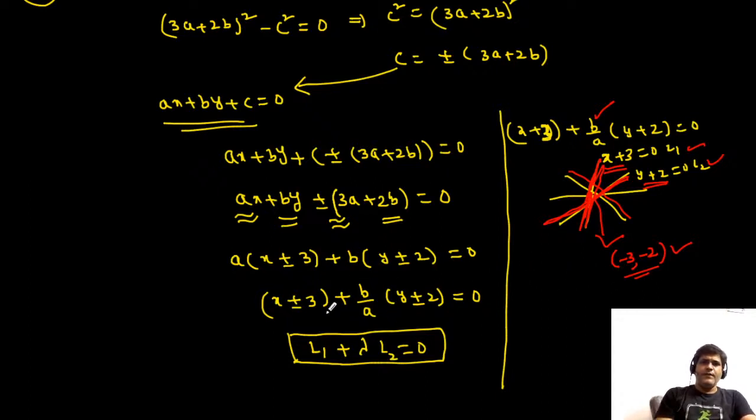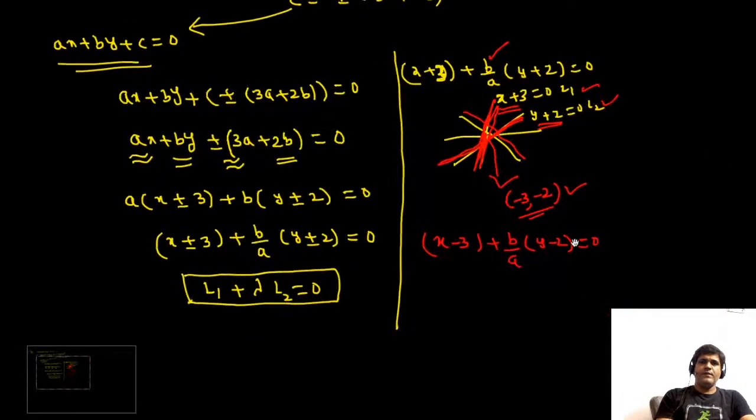Next, similarly, if you take the minus sign, then what you get: (x − 3) + (b/a)(y − 2) = 0. So this is also a family.